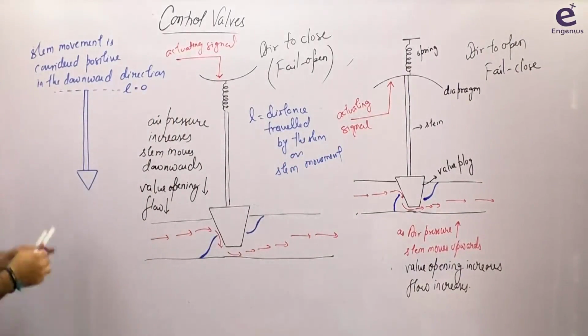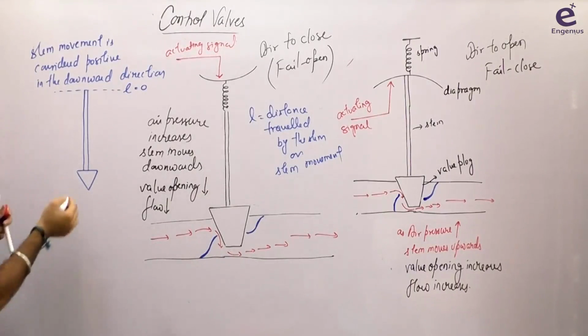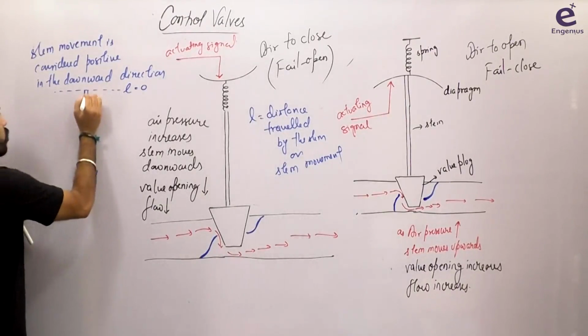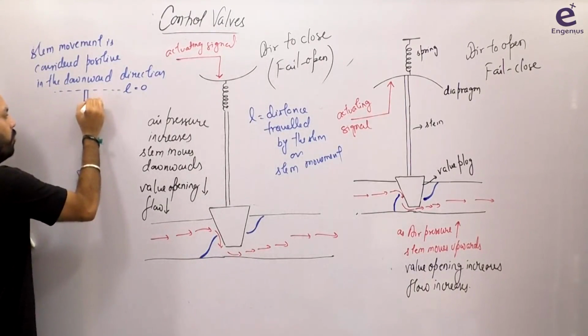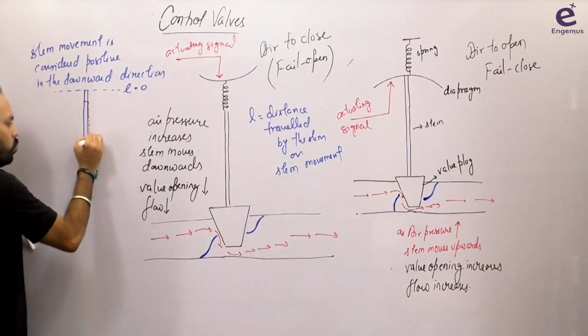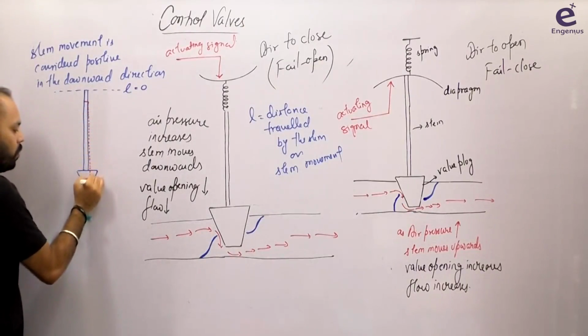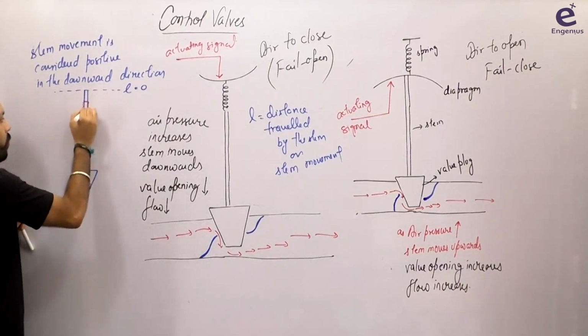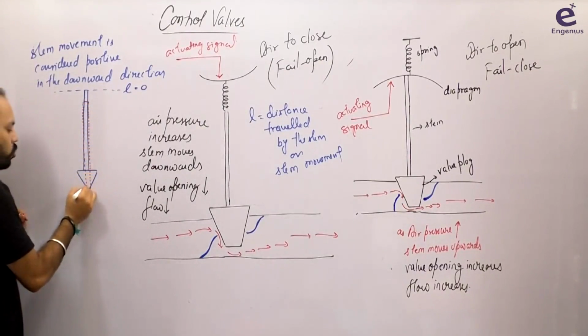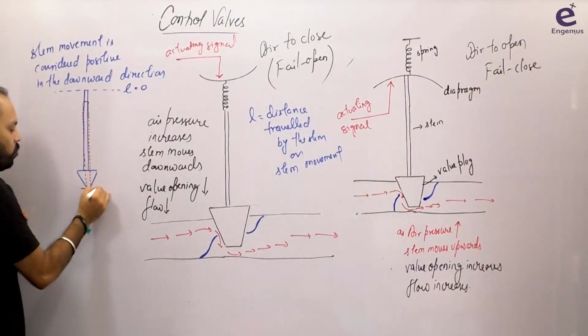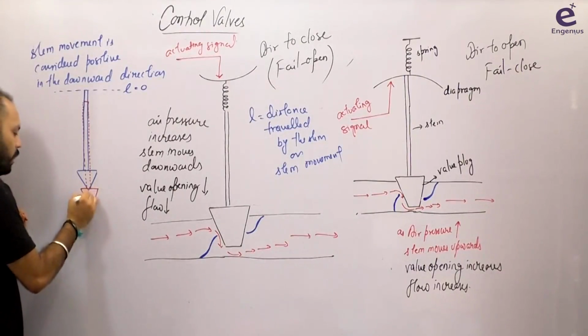Stem movement. Now suppose air pressure is increasing, so for some value of air pressure, the stem will be somewhere here. I'm using a different color to show another position of the stem. It will be like this, right? I can't show the movement of the stem here, so I have to use different timings.